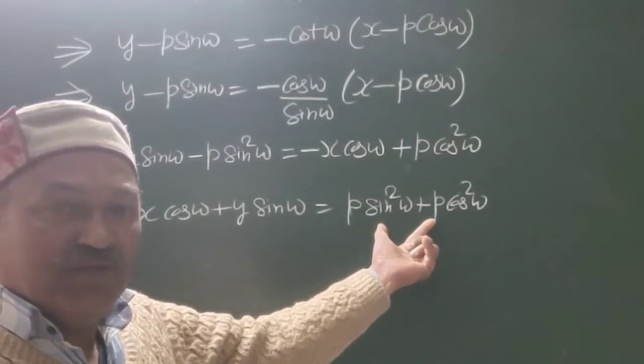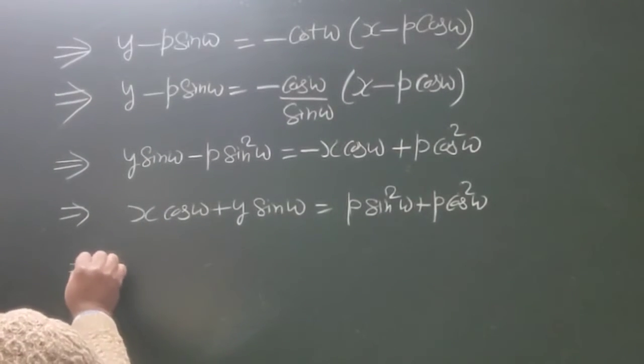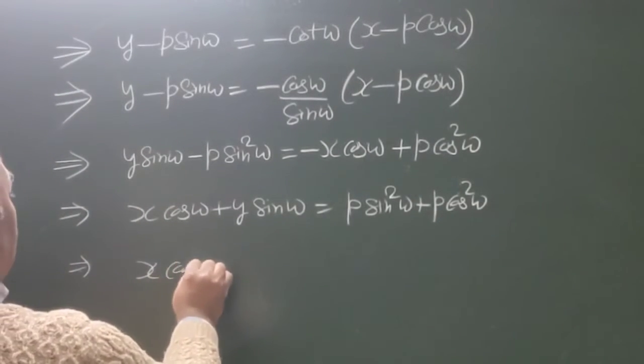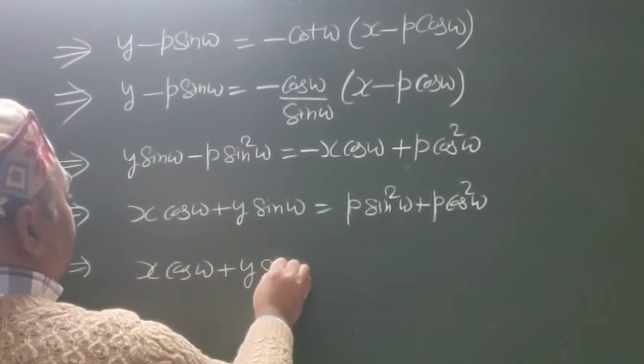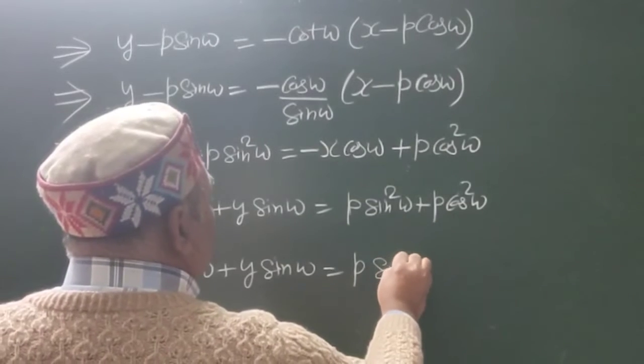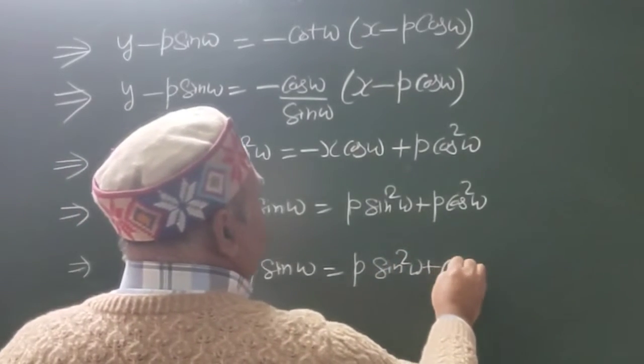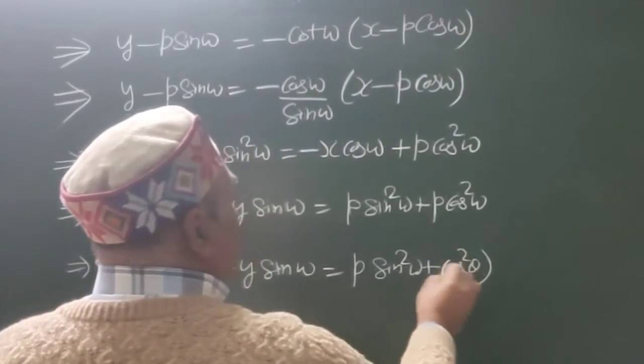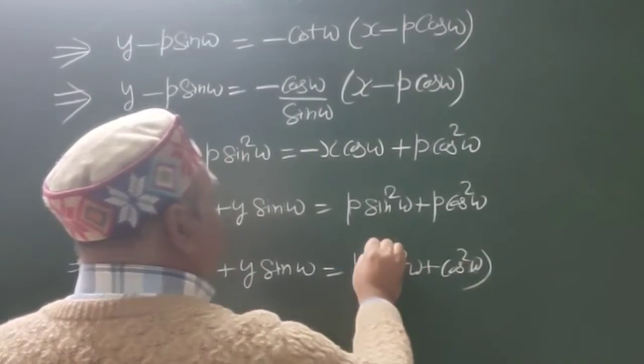And taking p common, we get x into cos omega plus y into sine omega is equal to p into sine square omega plus cos square omega. That is 1.